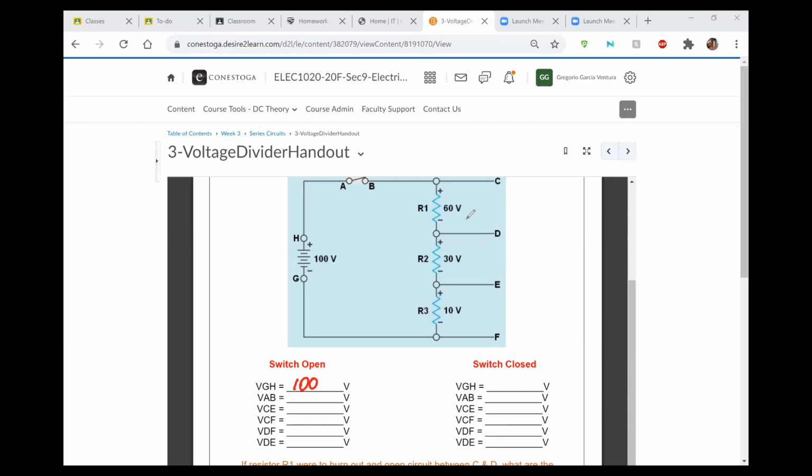By all means, if we open the switch between the test points A and B, and you were to measure an open switch with an ohm meter, what do you think the ohm meter will read? Can you hear me?